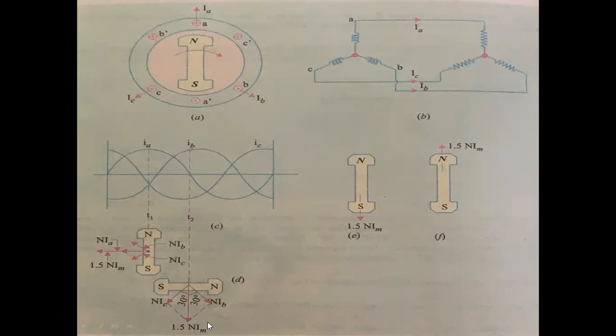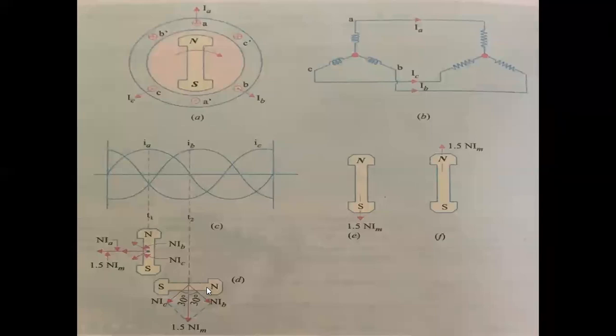It is produced by phase A, horizontal. If you consider the other two phases, each has IM by 2 into N, and they are each at 60 degrees to the horizontal. The total armature MMF is the vector sum of these three MMFs from IA, IB and IC.